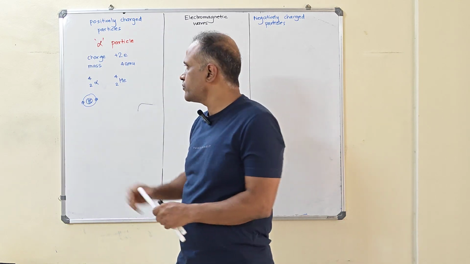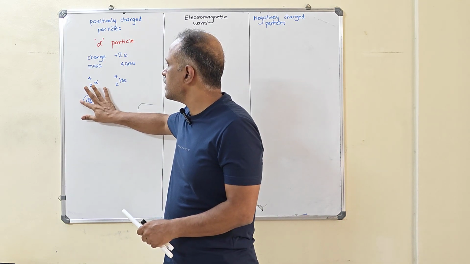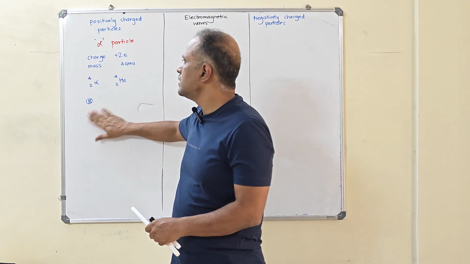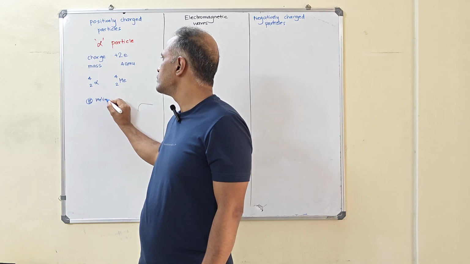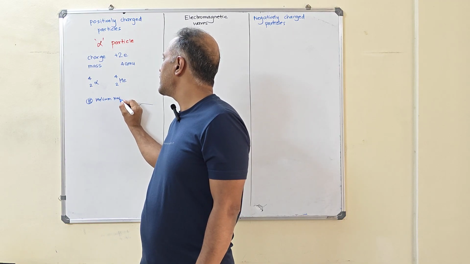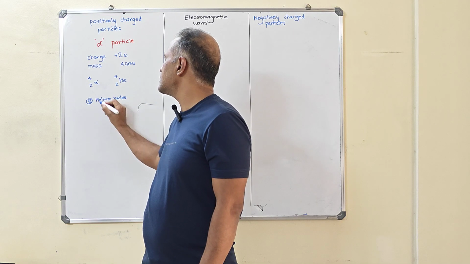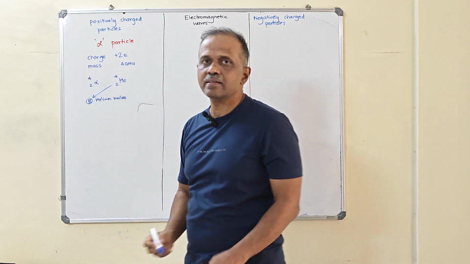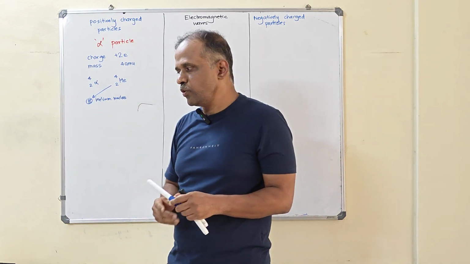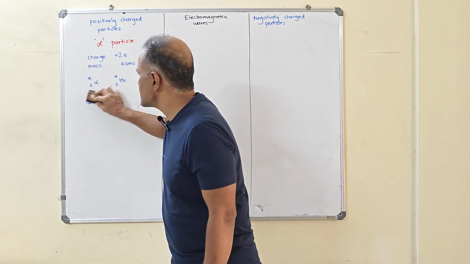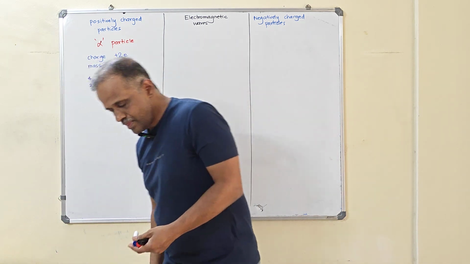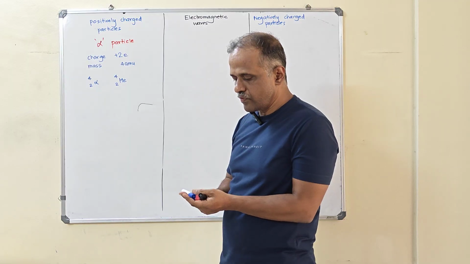Now supposing these electrons are not there, then we get the helium nucleus, and alpha particle is nothing but this helium nucleus, which is doubly ionized, which we will be studying in the next class. So this is alpha particle.